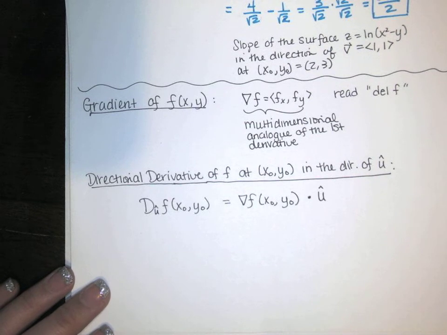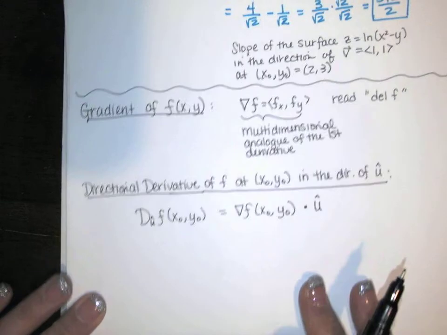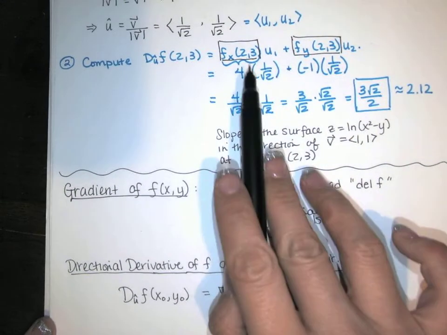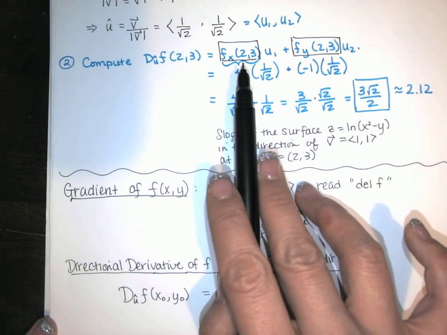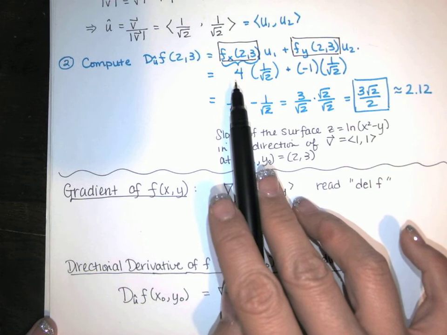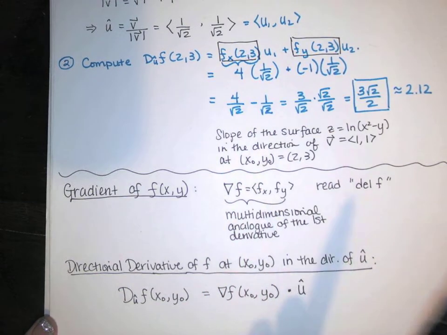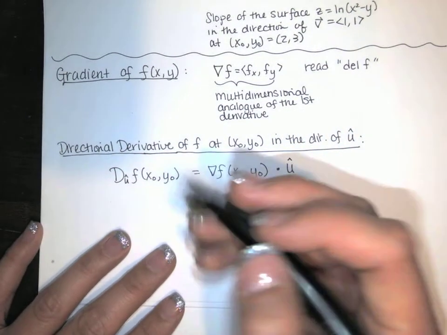It's easier to maximize this if I write it in a slightly different form. Remember when we studied the dot product, there were two ways of doing it. If I have these two vectors, the gradient and u hat, I can dot them by multiplying their components, component by component, and then add. Or I could find the dot product with geometric information.